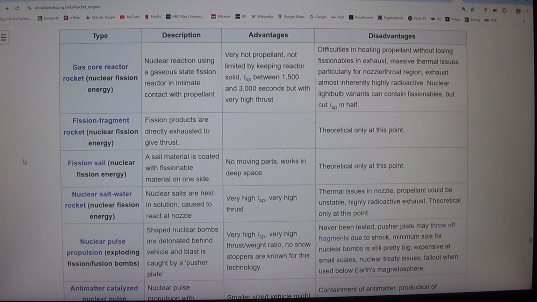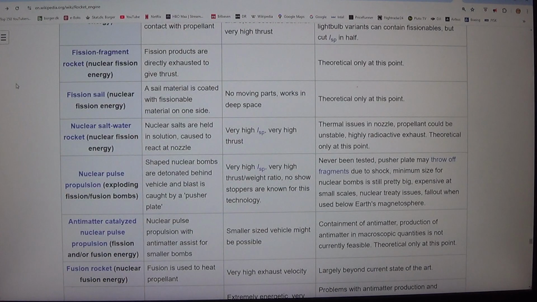Fission fragment rocket, nuclear fission energy. Fission products are directly exhausted to give thrust. Theoretical only at this point. Fission sail, nuclear fission energy. A sail material is coated with fissionable material on one side. No moving parts, works in deep space.